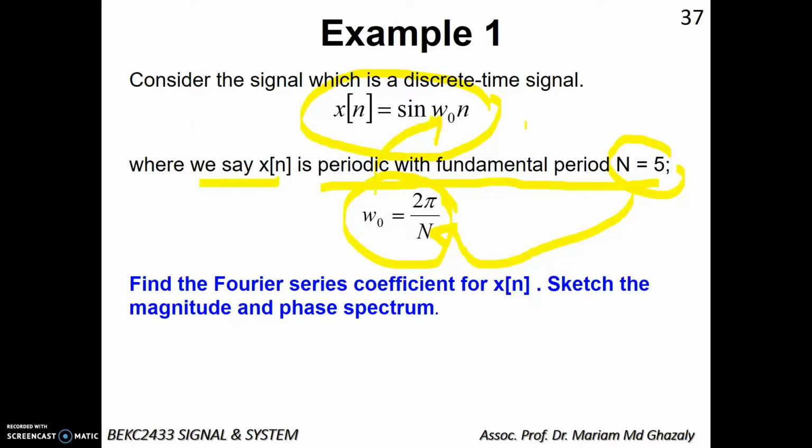From there, you plot the Fourier coefficients for x[n]. And since you have the fundamental period N value, the a_k value is going to repeat for every N period. So let's do this exercise. I'll give you roughly 5 minutes to finish it, then we will discuss it.